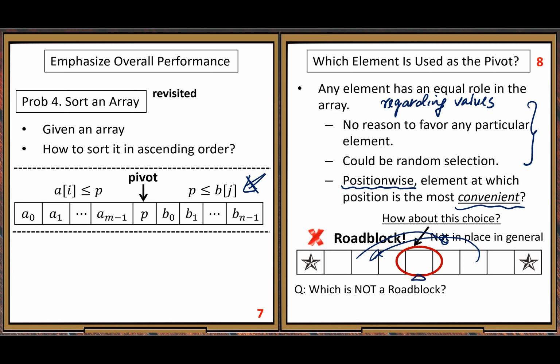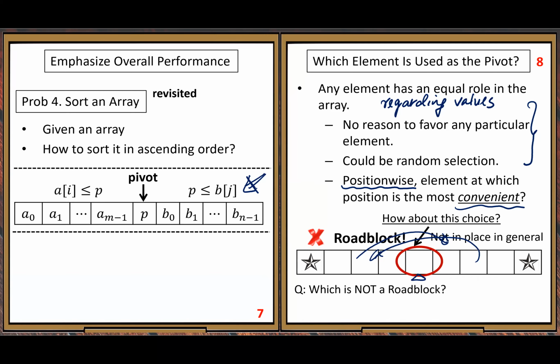You do not need to do any work regarding this pivot element. So these two locations are the most convenient locations for our pivot element. So it's not an equal chance issue. If we look at the position factor, these two locations are very special, very friendly.